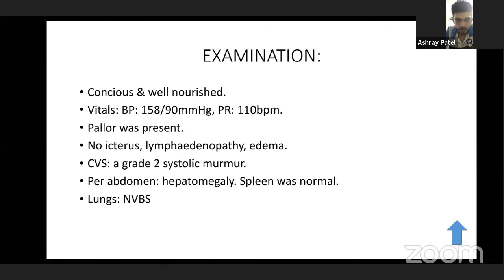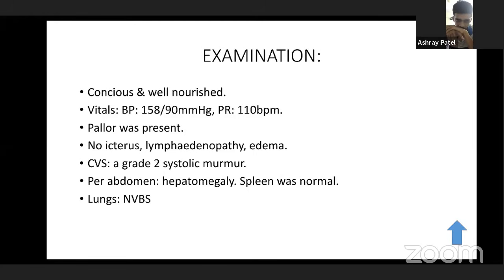So he has pallor, first of all. Okay, good. So that confirms anemia. Next. There's no icterus, so we can rule out hemolytic anemia. Yes, we have ruled out hemolytic anemia now. Good. Next. There's no lymphadenopathy, so maybe it's not an infective cause or even a malignancy. Yes, very good.